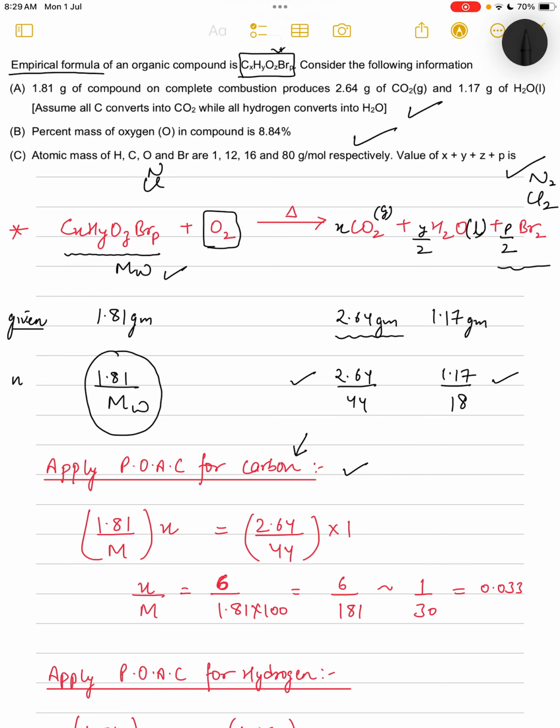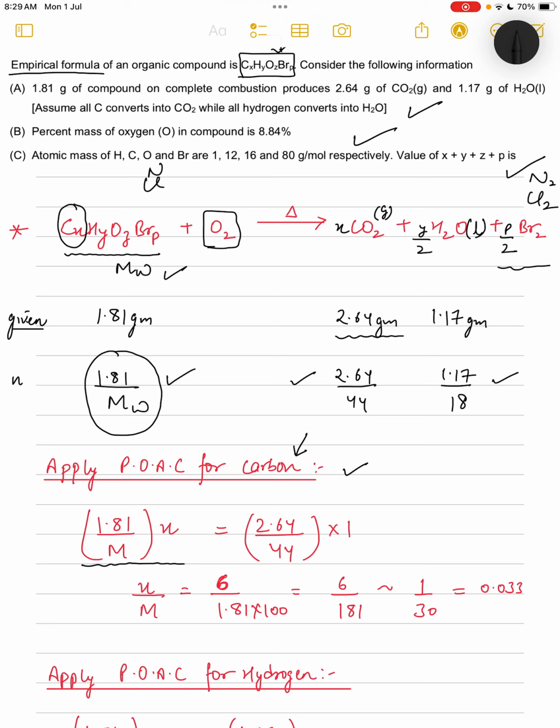One mole has how many carbons? x moles of carbon. So if one mole contains x, then 1.81 upon MW moles contains how many? It will be 1.81 upon MW into x. This is the number of moles of carbon here, right?